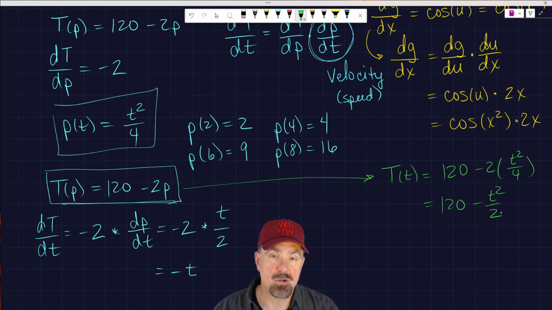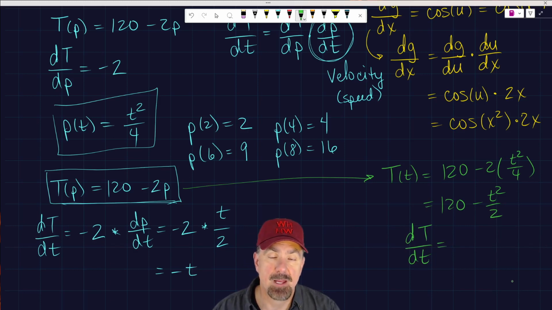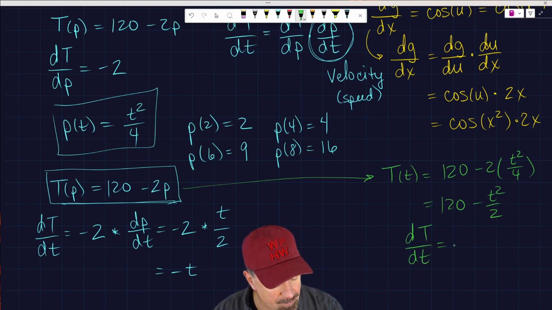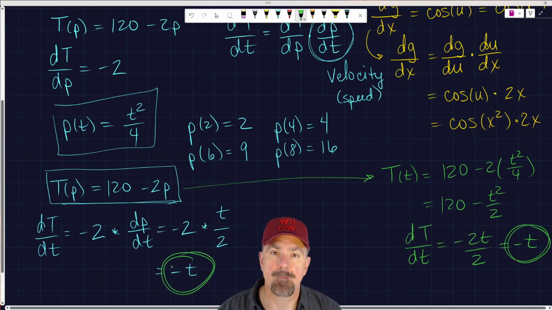Could I use this and then just directly calculate the derivative of temperature with respect to time? And the answer is absolutely. We can't always make substitutions, which is why we have the chain rule. But it works exactly the same. If I do this derivative, of course, I'll have -2t divided by 2, which is -t. And this matches with what we found over here.